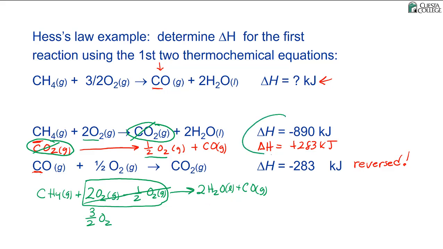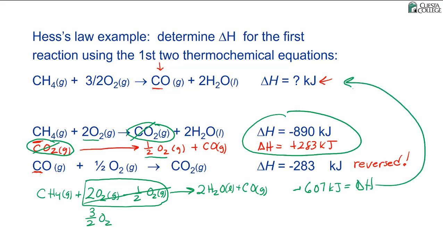We have to treat the delta H values the same, so those can be added together to give negative 607 kilojoules of energy for the delta H for this target equation, the same as this one up at top. That's an example of how Hess's Law can be used to calculate delta H for a reaction that a chemist can't actually do.